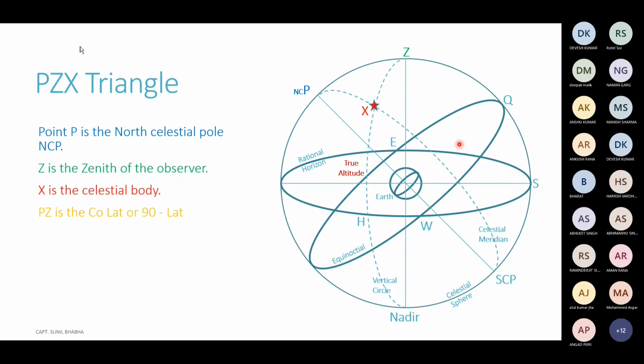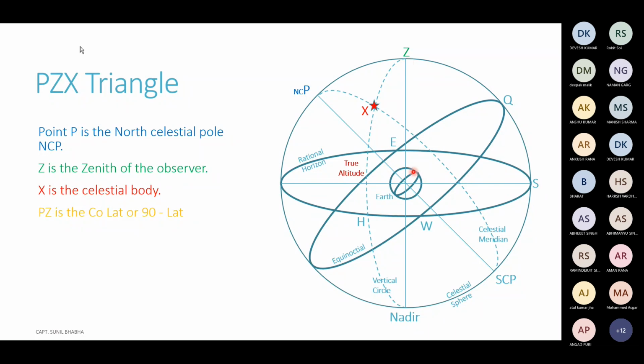The Q point represents the position of the equator on the celestial sphere, and the observer's position is projected onto the celestial sphere at the zenith. So at this Z point is where the observer's position is projected. This arc from the Q point to the zenith of the observer represents the latitude of the observer.